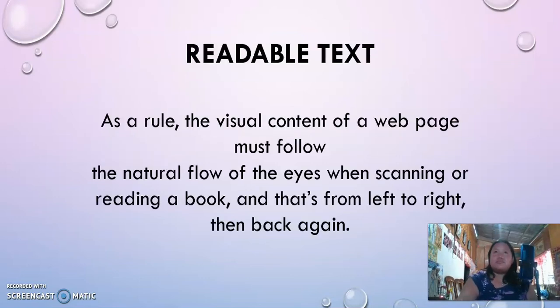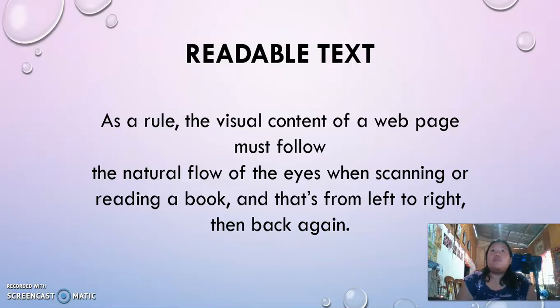Now, next, the second essential is readable text. As a rule, the visual content of a page must follow a natural flow.